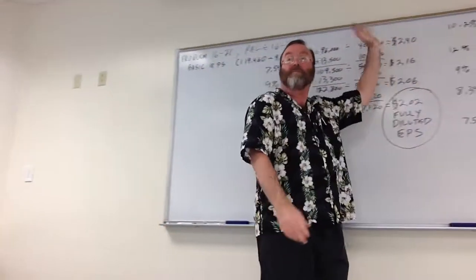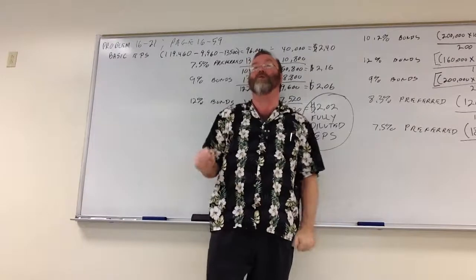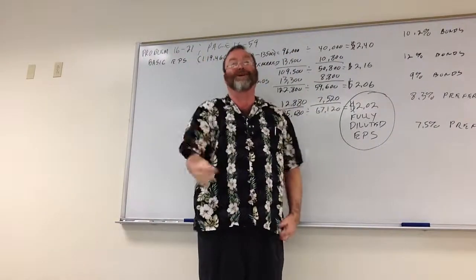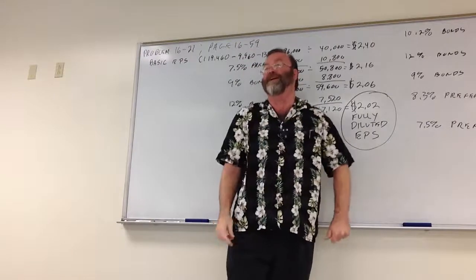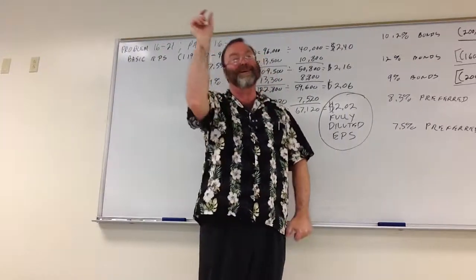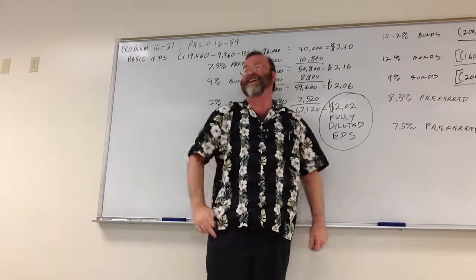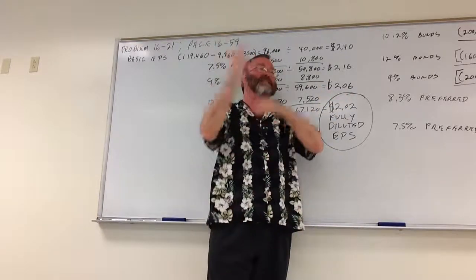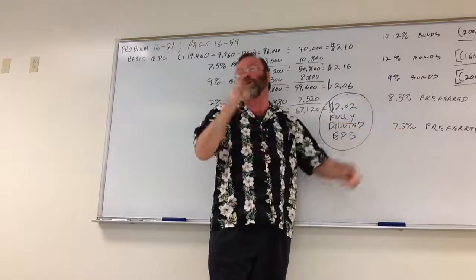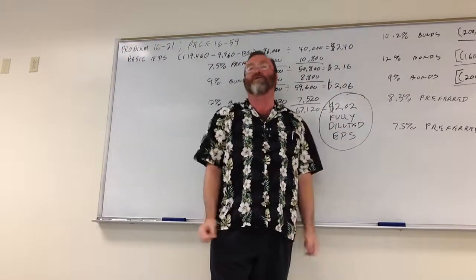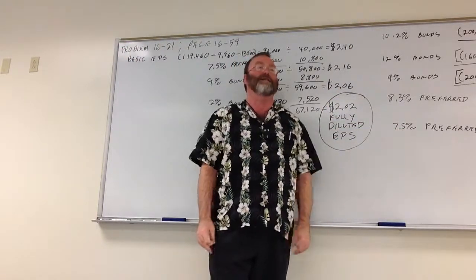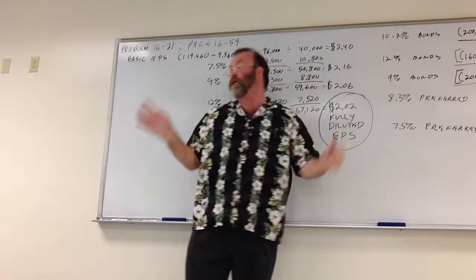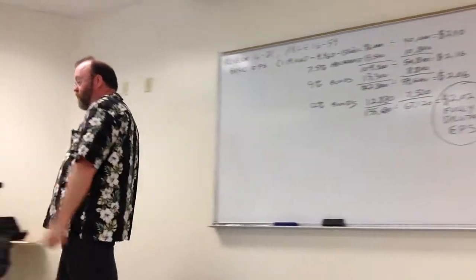No matter how complex it is, and as always, your homework problem is slightly more difficult than what I've given you here. A little bit more. Okay? As always, because it has a combination of convertible securities plus compensatory stock options and things like that. So it's got a little bit of each. But remember, stock options are always dilutive.